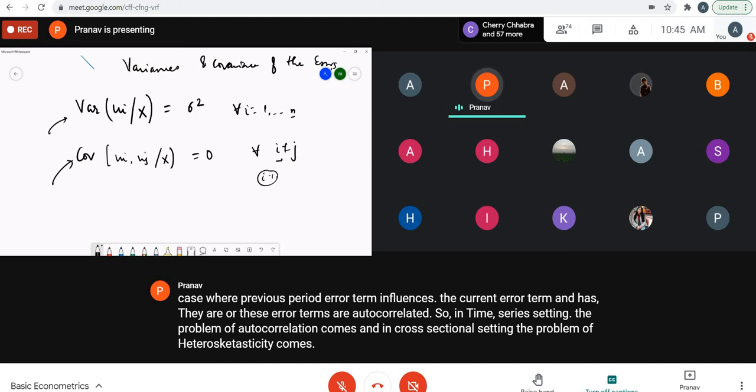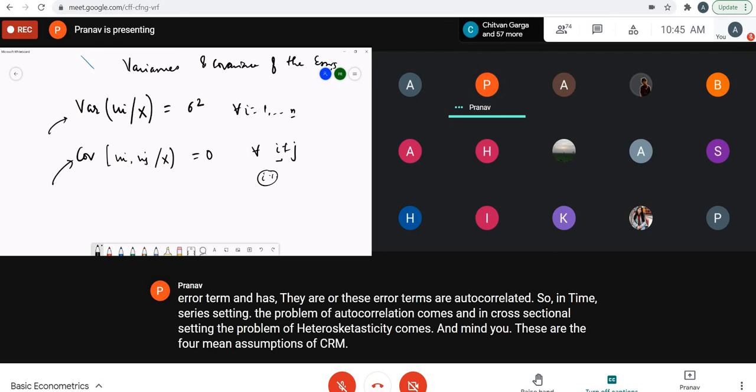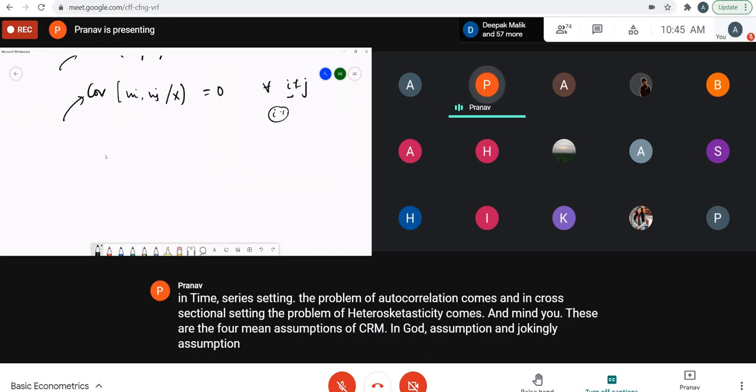And mind you, these are the four main assumptions of CLRM. There is one more assumption which generally is not counted as an assumption, because the way the OLS method proceeds, that automatically gets fulfilled.